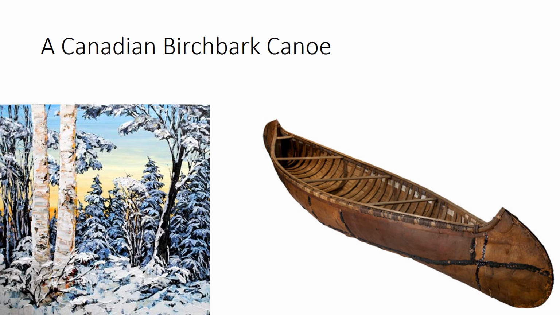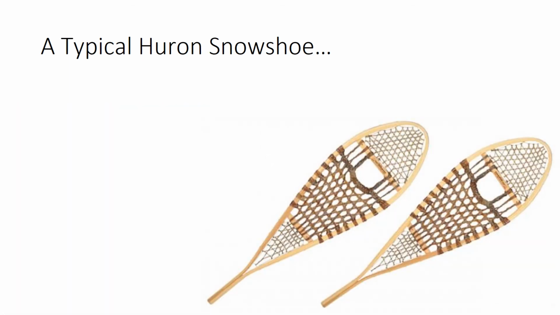Here's an example of what a possible artifact big picture can fit, like the Canadian birch bark canoe. Canoes, as a stereotype, were the main ways Canadians got around in the early history. Birch bark, birch trees, the winter, fur trade, we paddled our canoes. Or the Huron snowshoes.